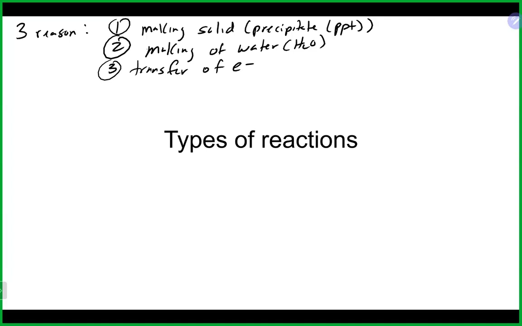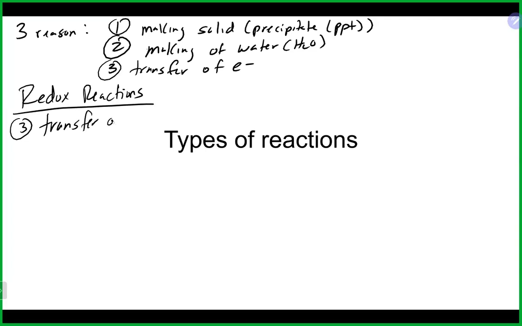And also the reason why reactions don't take place is none of those things might happen, so nothing's going to happen. When we talk about classifying reactions, there are really two big classifications of reactions. There are what are referred to as redox reactions, and redox reactions take care of the transfer of electrons part of the program. So basically, that is ultimately what's happening in a redox reaction. That is a big classification to which more specific classifications of reactions can be described.